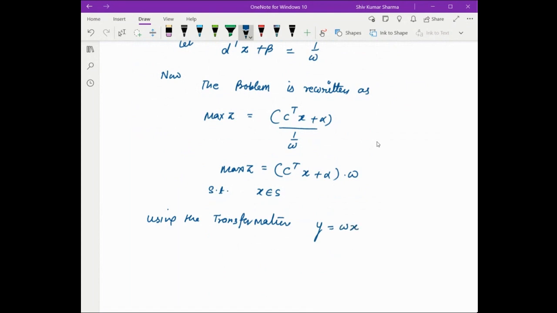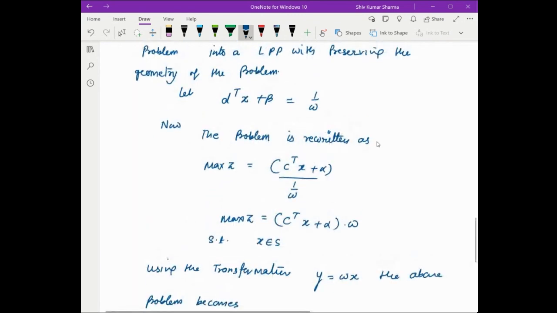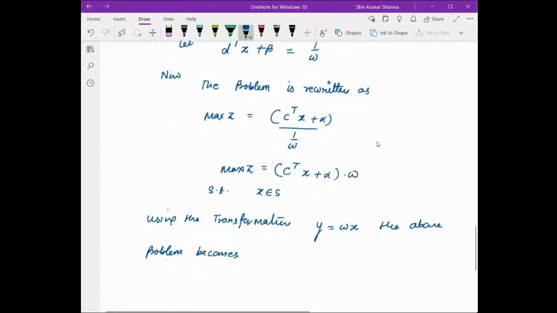When we multiply omega into this function, we write omega x, and we replace omega x by y.